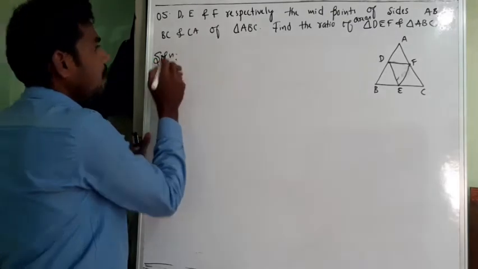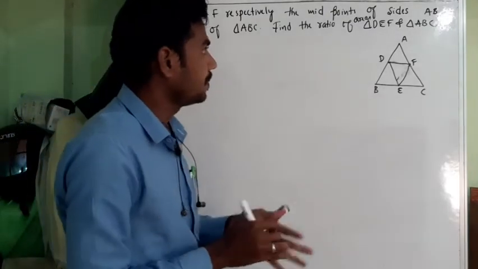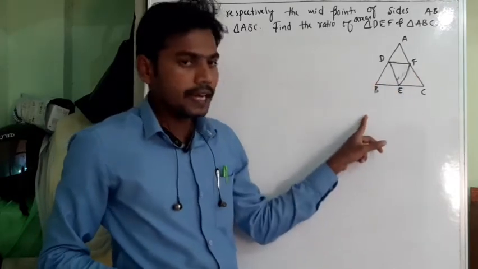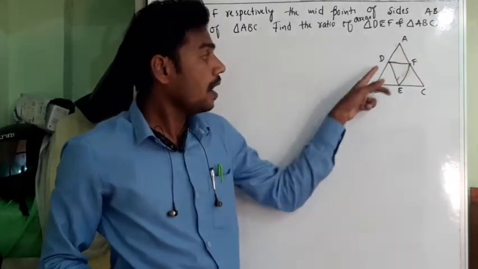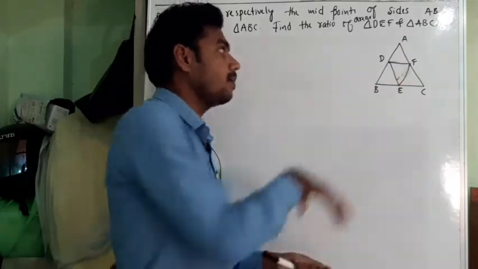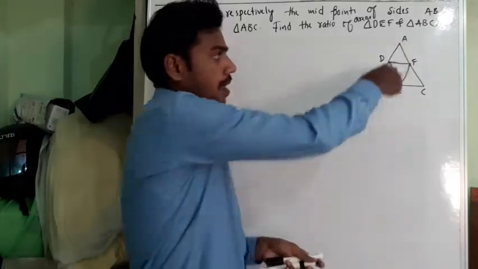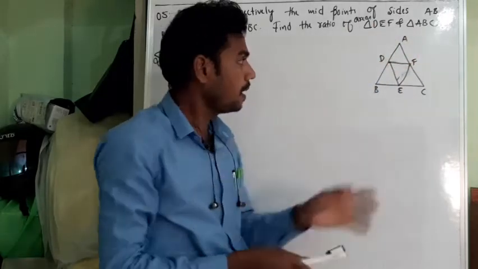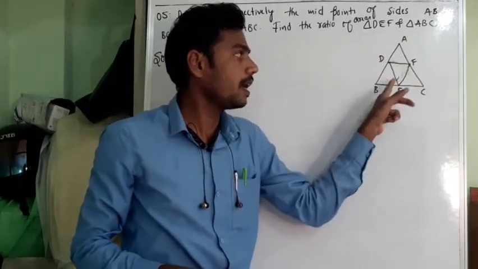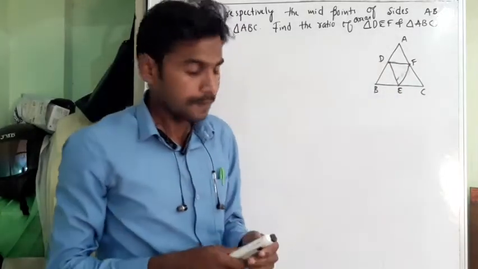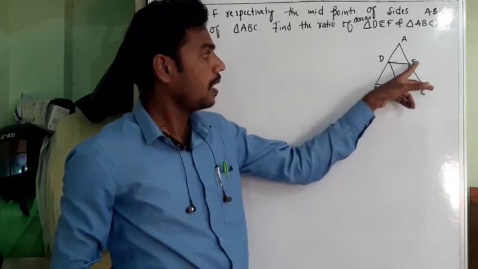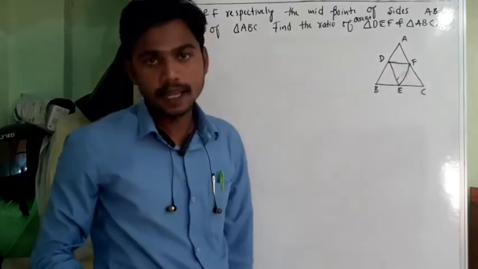So to find the area of triangle DEF, if I subtract the area of these three triangles from the area of triangle ABC, that will give me the area of triangle DEF. So now for that I need to calculate the area of DBE, FEC and ADF.